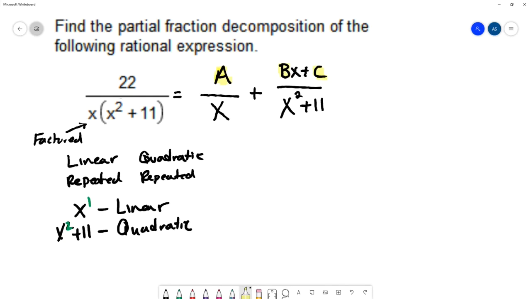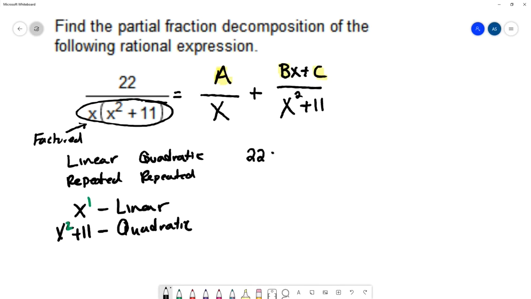Now to find that A, B, and C, what you do is clear fractions. You're going to multiply both sides of the equation by this denominator on the left, and that will clear out all the denominators.